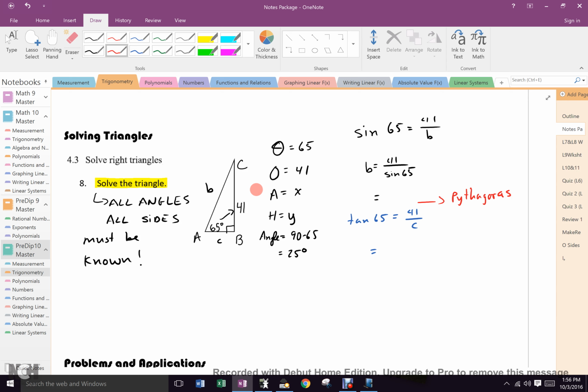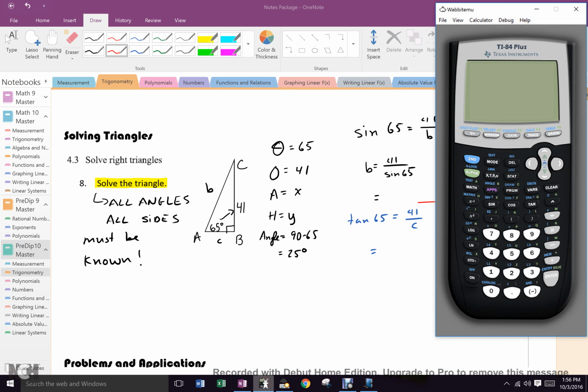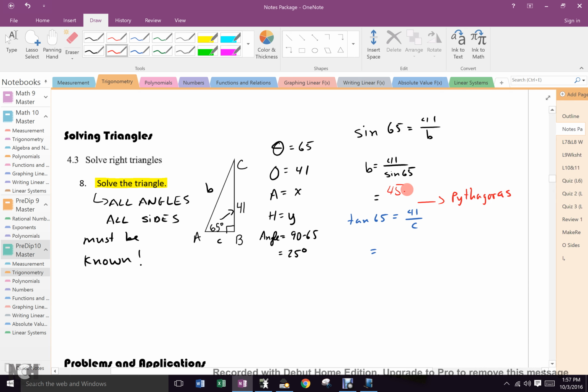So everyone can do this, yes? Now, obviously, you guys will have had your calculator in business. 41 divided by sine 65. 45.5.23. Does that make sense? It's the hypotenuse and it's longer than 41. Are we happy?